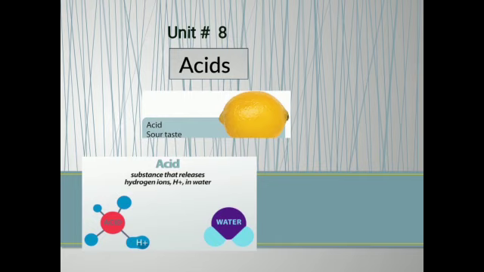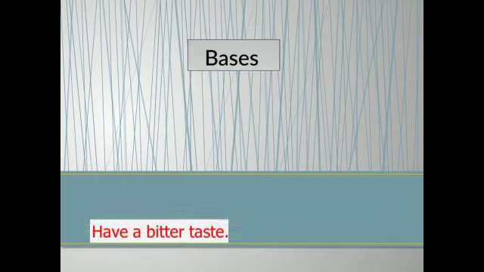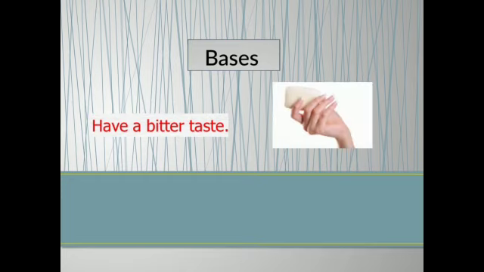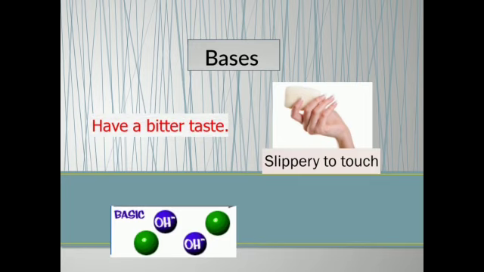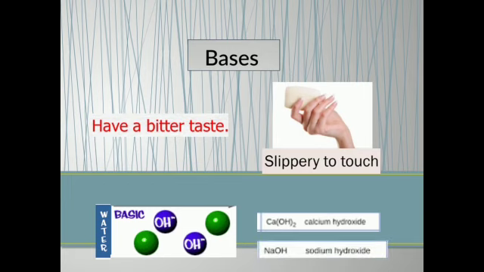And there are different acids such as hydrochloric acid and nitric acid, etc. Now what is a base? Bases have a bitter taste. All bases are slippery or soapy to touch. A substance that releases OH negative ions in water or aqueous solution is known as a base, such as calcium hydroxide and sodium hydroxide, etc.